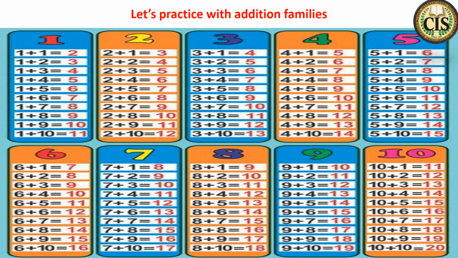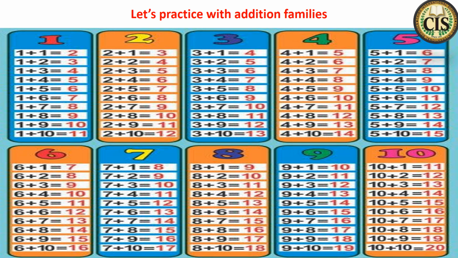Okay? Now let's move to the family of 5. The family of 5 means any number added to 5. 5 plus 1. Put the big number 5 in my mind and 1 on my finger. After 5, 6, so we will write 6. The next one, 5 plus 2. Put the big number 5 in my mind and 2 on my fingers and start counting.